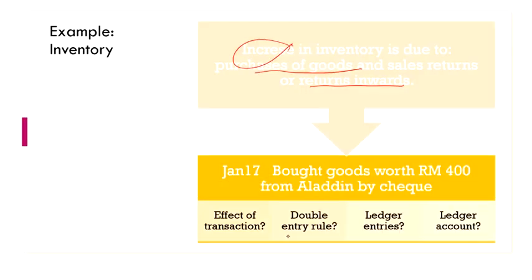So now let's go to this example lah. So 17 January bought goods worth 400 from Aladdin by check. Bila dia kata bought goods, maksudnya Aladdin ni is your account payable lah, is your supplier. Okay, so of course check bank you akan decrease. Bought goods, bila bought goods maksudnya dia purchase expenses. Your purchase expenses will increase.